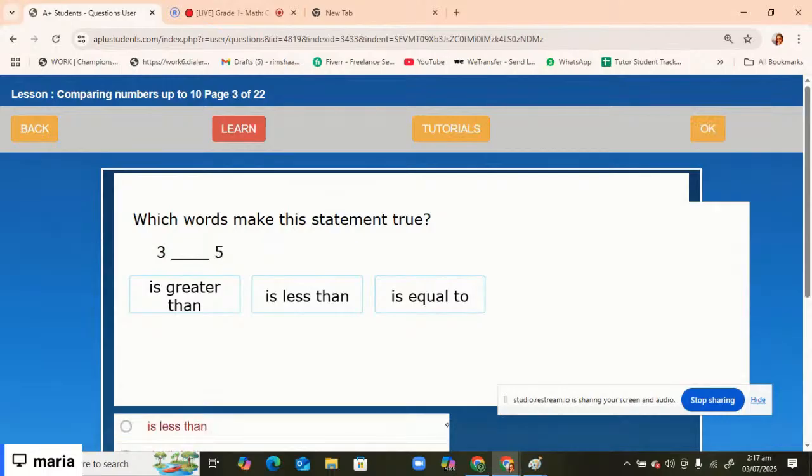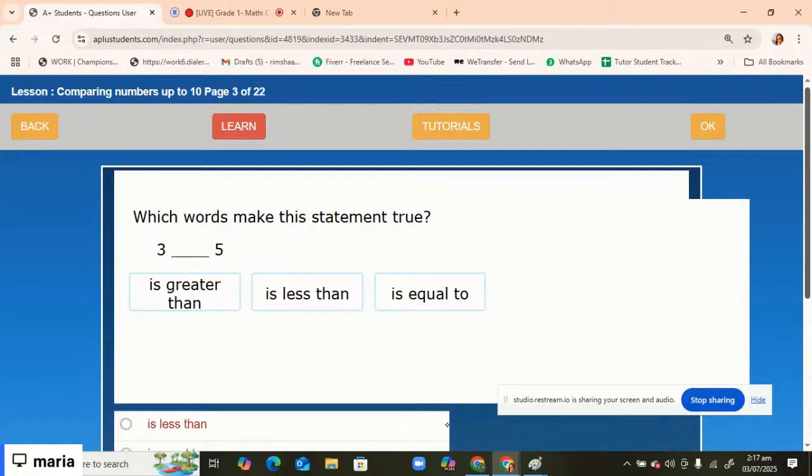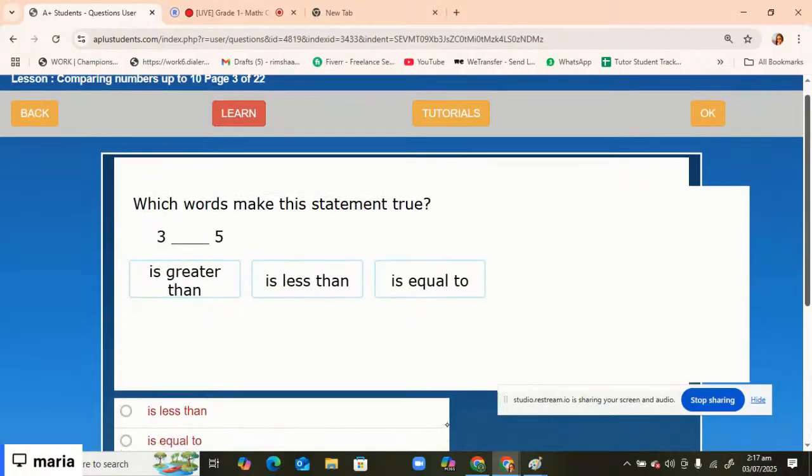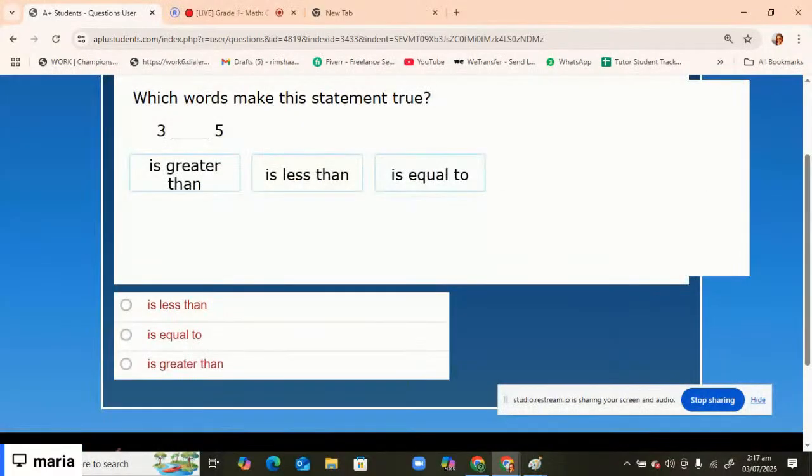Now let's discuss 3 and 5. So 3 is greater than 5, less than 5, or equals to 5. Which word makes the statement true? Tell me. Is 3 greater, 3 equal, or 3 less than? Very well done, everyone.